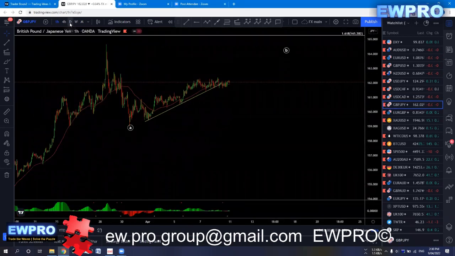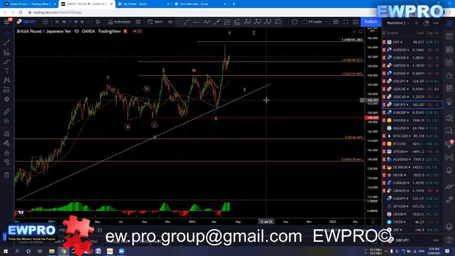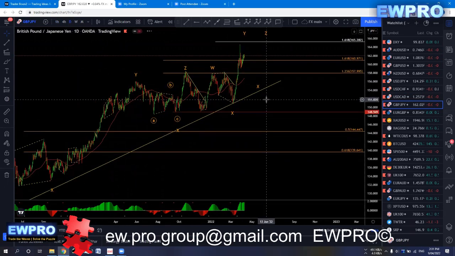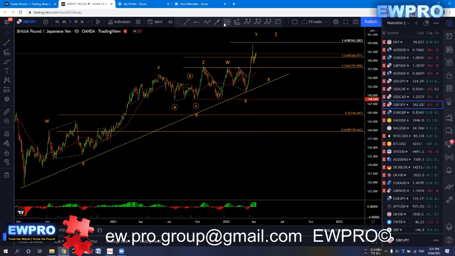GY on the daily. So this again has become very confusing, because we got that W, X, Y, X2, Z up. We had a nice move down, but it had that bullish hidden divergence. So we were looking for this to go and break the top. It nearly broke the top over here, but over here, as you can see, it clearly did.